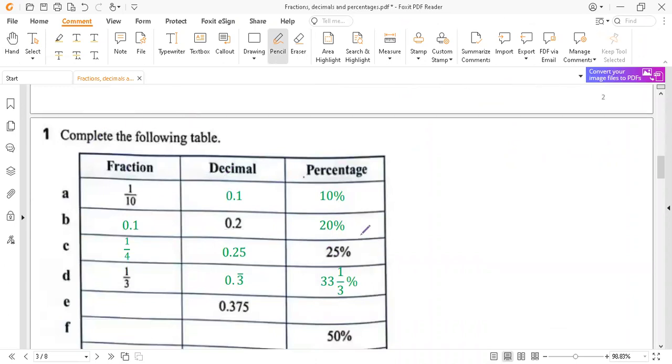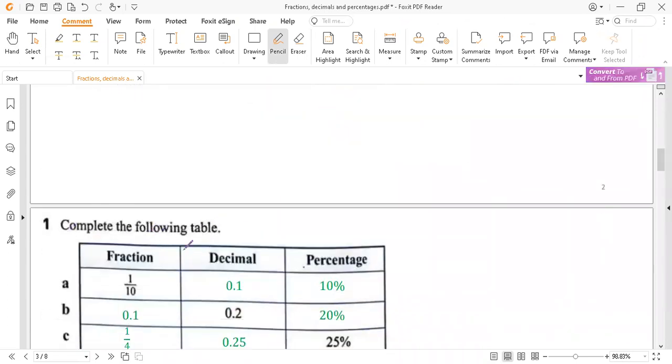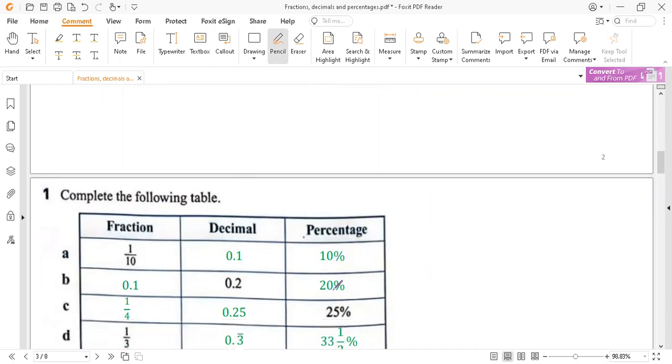And to assess your understanding of the concepts that we explained and recalled before, we have this table of values: fraction, decimal, percentage. If we have 1 over 10, normally 1 is 1.0. By dividing by a multiple of 10, we move the decimal point to the left the same number of places as the number of zeros that we have, so we obtain 0.1 as a decimal, equivalent to 1 over 10.